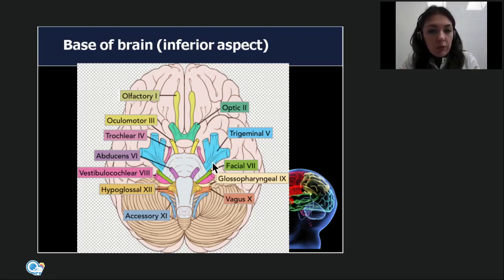The trigeminal nerve, the 5th pair, arises at the point between the lateral margin of the pons and the middle cerebellar peduncles. Then here we can see 3 more nerves, 6th, 7th, and 8th pairs, which are all located in the pontomedullary junction. Then the 9th, 10th, and 11th nerves arise from the retroolivary sulcus of the medulla oblongata, and the hypoglossal nerve arises from the anterolateral sulcus of the medulla oblongata.